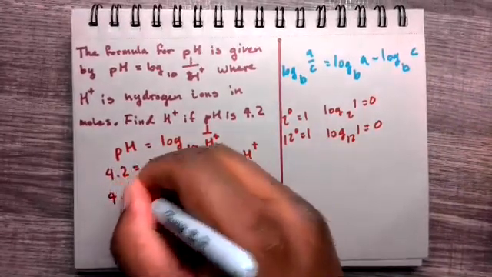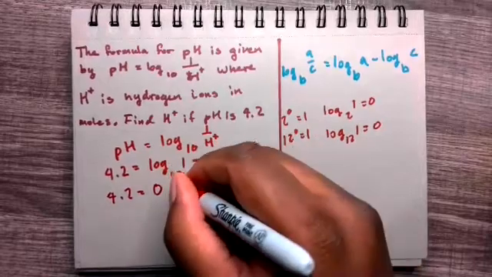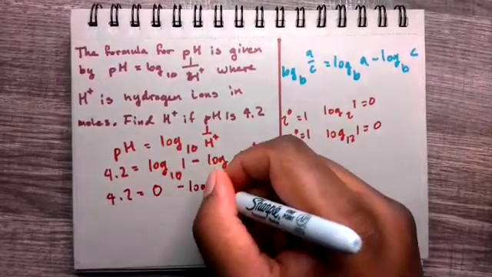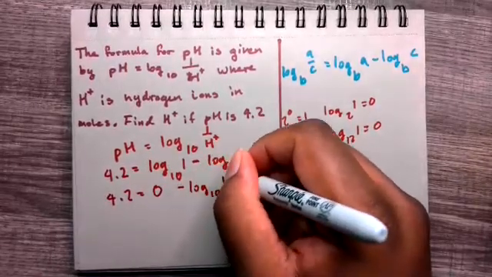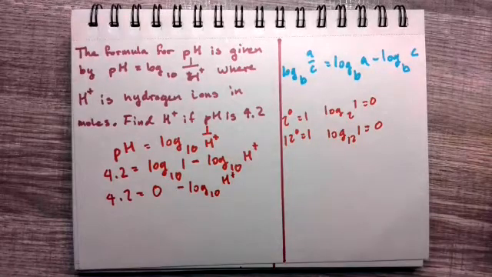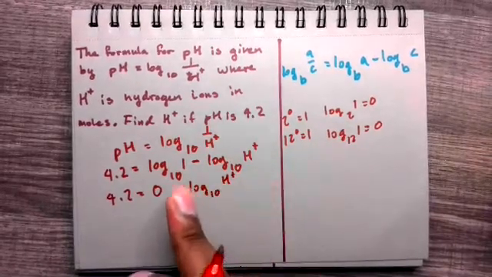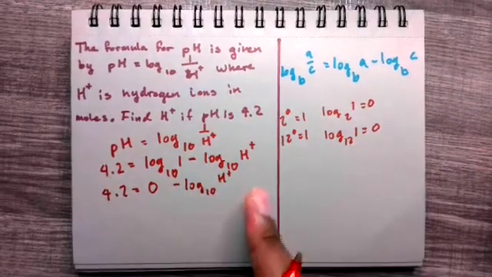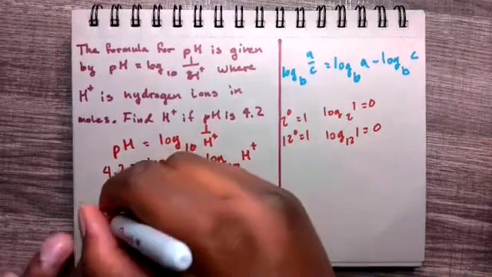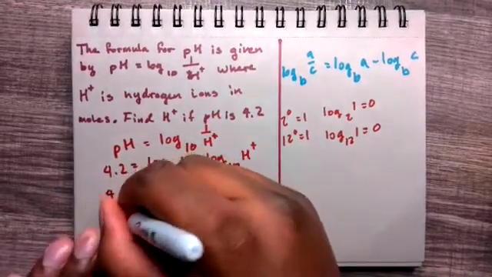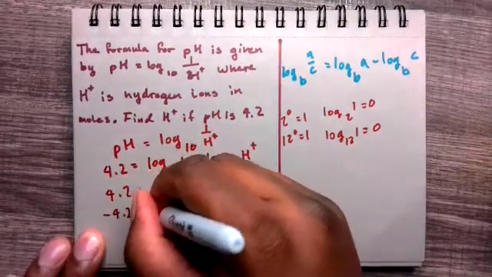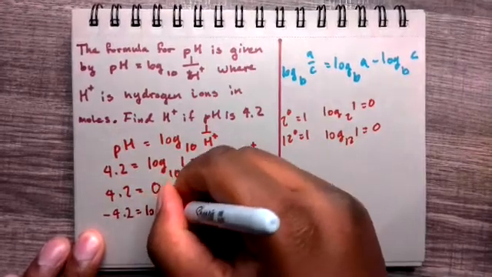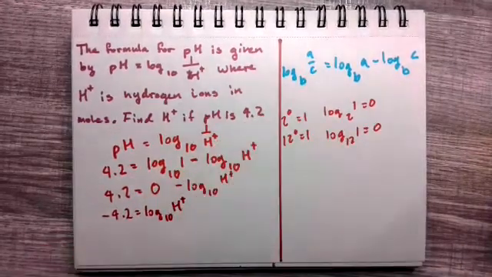We got 4.2 equals 0 minus log base 10 of H plus. Since this is a 0, it's basically just negative log base 10 of H plus, and I can multiply both sides by negative 1, which gives me negative 4.2 equals log base 10 of H plus, whatever that is going to be.